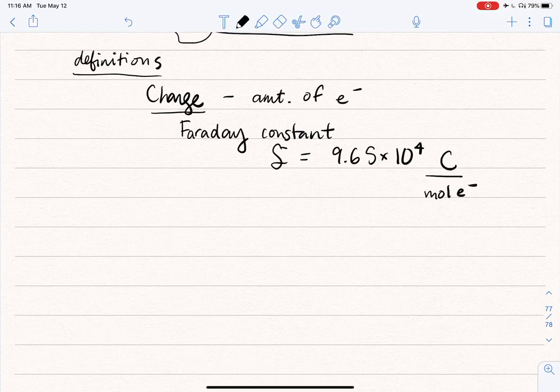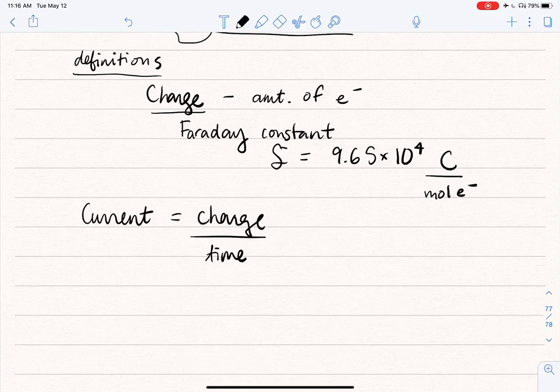All right, another key definition that you need for energetic calculations is the definition of current. Current is simply the amount of charge per unit of time. That's all it is. So the SI units of current are coulombs per second.